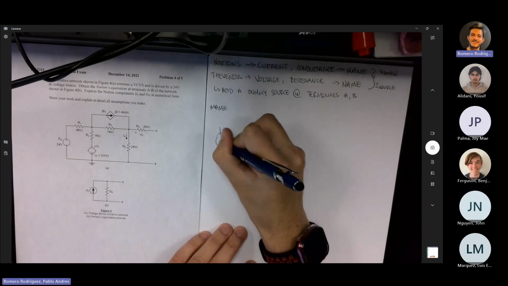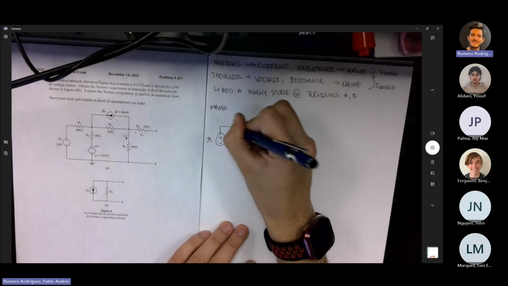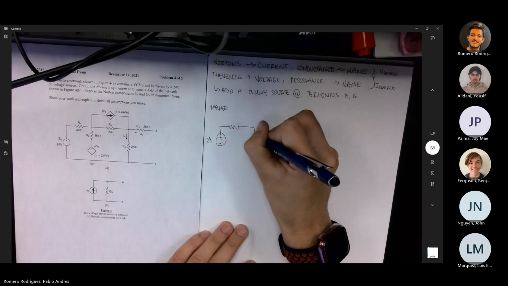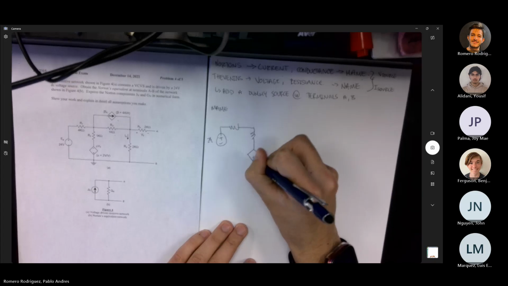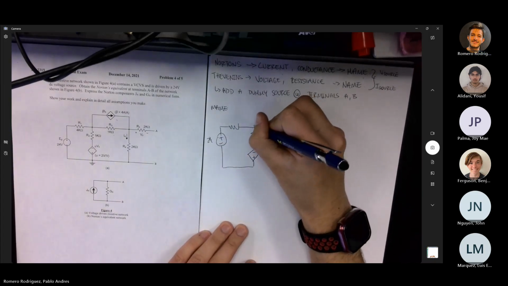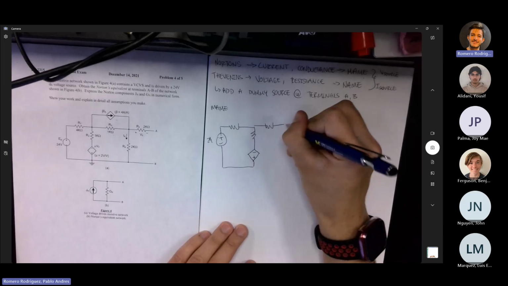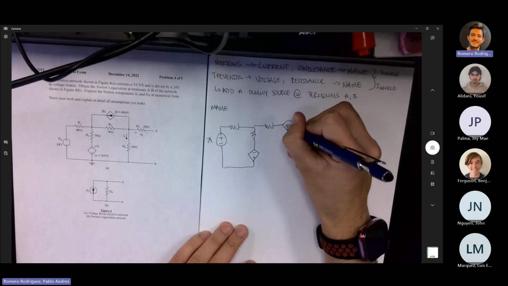Okay. Voltage plus minus 24. Resistor, plus minus. This is going to turn into a resistor. Plus minus. It's fine that way.